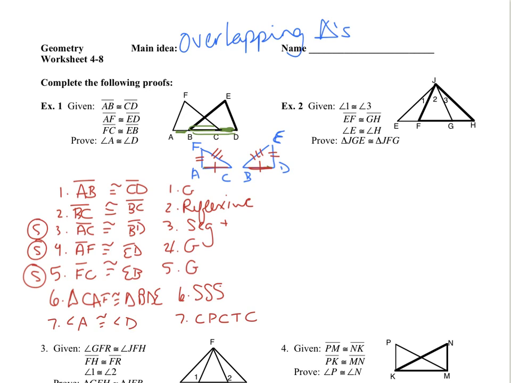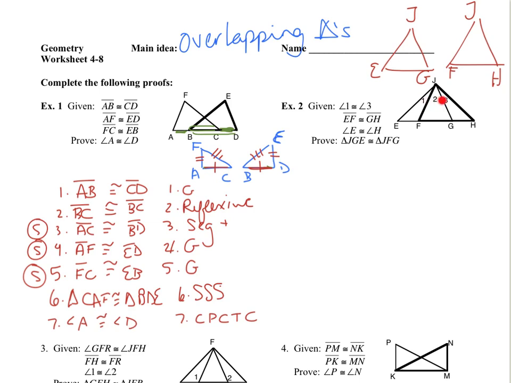Now I go to my next one, and I want to separate those triangles again. So I'm going to use a space up here. And we have EJG is congruent to FJH. And this one's kind of confusing because we have some numbers here as our angle measures.